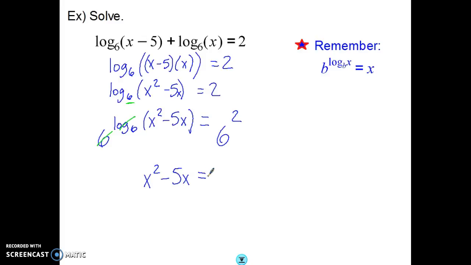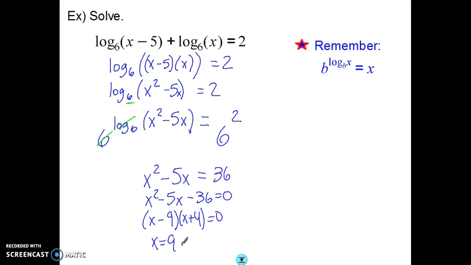On the right side, 6 squared is 36. So from here, we can just solve this relatively simple quadratic. x squared minus 5x minus 36 equals 0. This factors nicely to x minus 9 times x plus 4 equals 0. And then from there, we get x equals 9 or x equals negative 4.